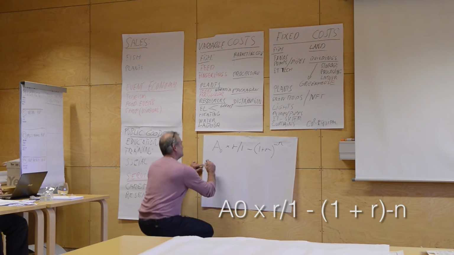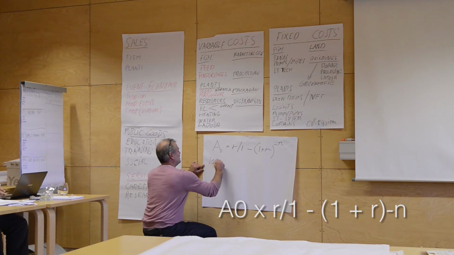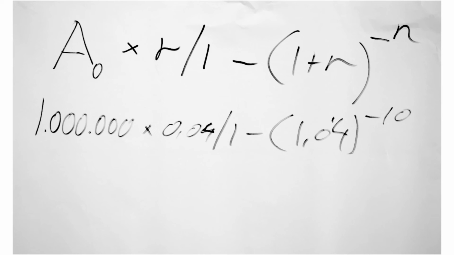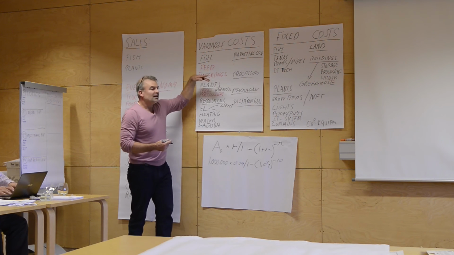So let's give an example. You have 1 million. You multiply, if you have an interest of 4%, 0.04 divided by 1 minus 1.04 to the power of minus 10, if you pay it off in 10 years. So then you get an annuity of what you have to pay.